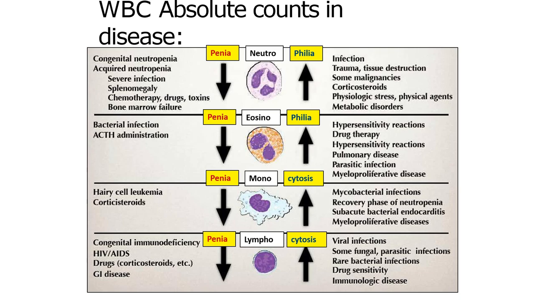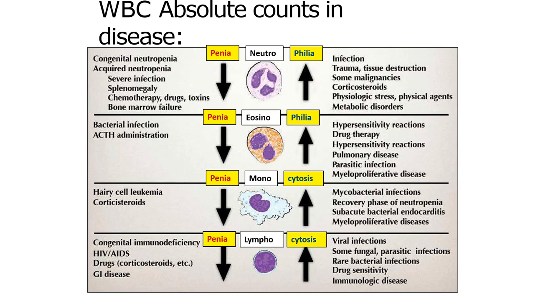Also here, what you have to notice is something called the absolute count. When I say absolute neutrophil count, what I mean is the DC of the neutrophil, that is the percentage of neutrophils present, divided by 100, multiplied by the total count of the patient. For example, let's say we are seeing around 90% neutrophils, and the total count of the patient is around 15,000.